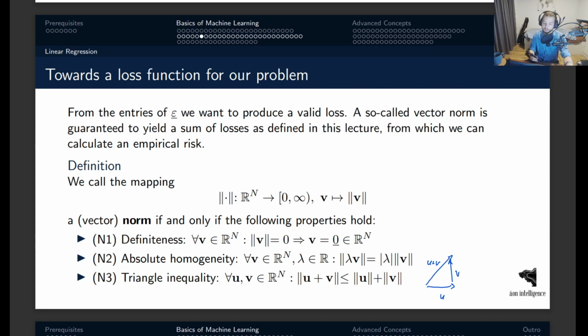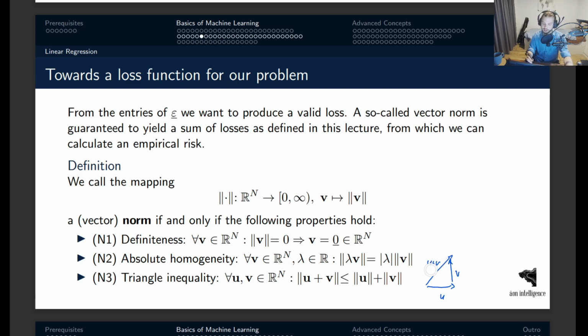Now imagine these are paths that you could take and you start at this point and you want to arrive at this one. The two options that you have are to go first into the u direction and then into the v direction, and then you arrive at your point of destination.